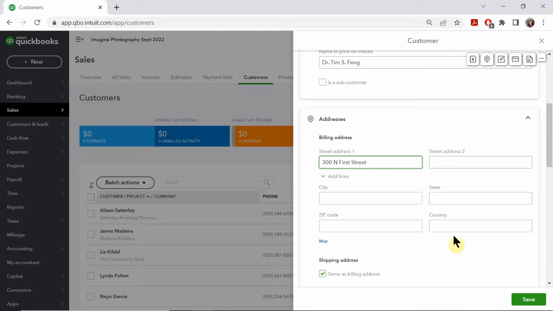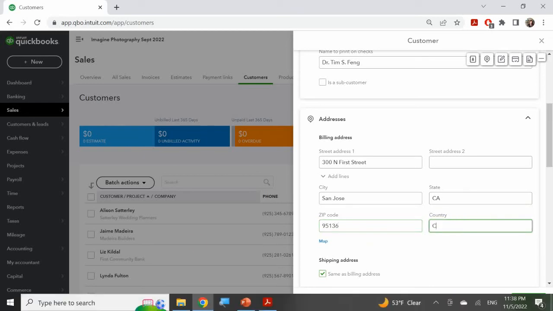City, San Jose, California. Zip is 95136, in the United States.